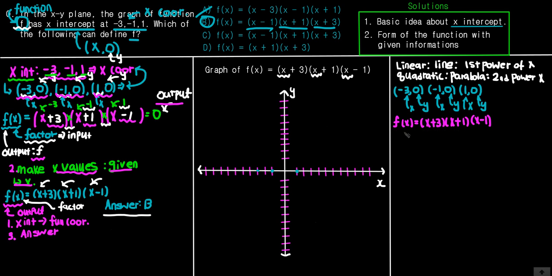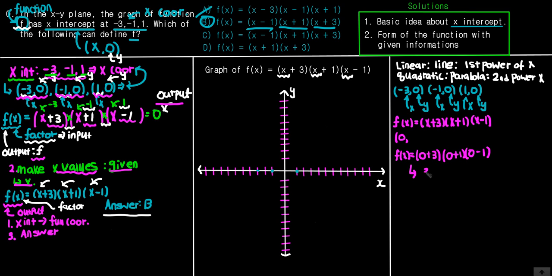Let's think about when the x value is equal to 0. Then f(x) = (0 + 3)(0 + 1)(0 − 1). Here 3 is the first factor, then 1, and then −1, and between them there is a multiplication sign.